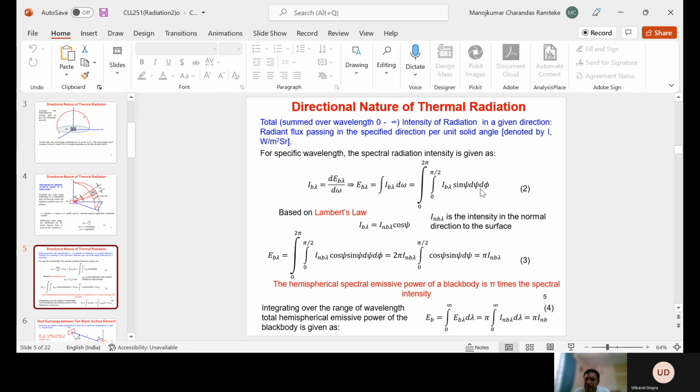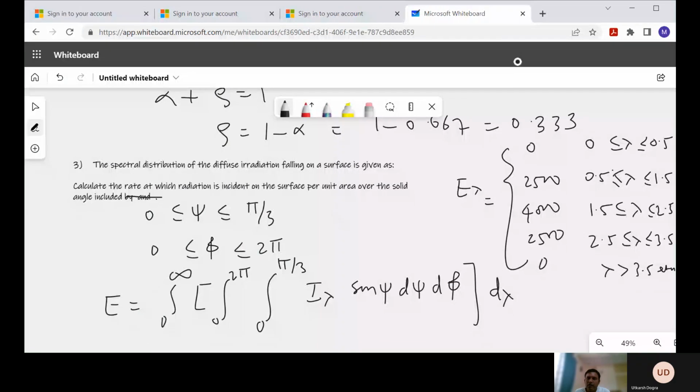I B lambda sin psi d psi d phi, correct? Yes, sir. So this is the equation we are using in our calculation. Whiteboard is visible? Yes, sir, visible.